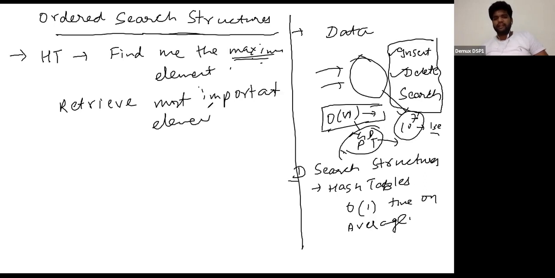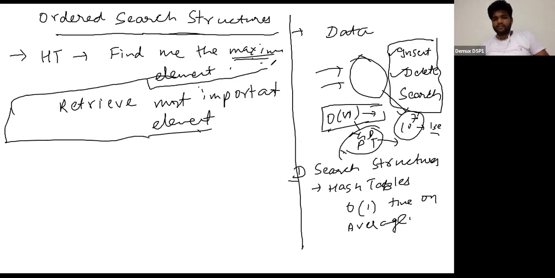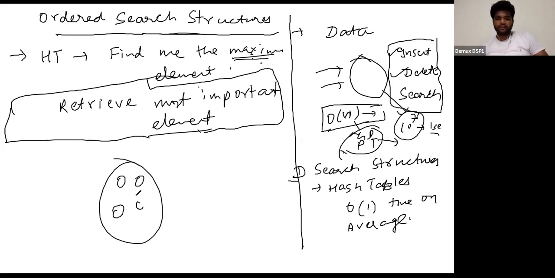So I need the data structure that I am about to design to have this feature as well. Just imagine I have a container with items. Apart from inserting, deleting a random item and searching a random item, I will also at times need to retrieve the most important item.